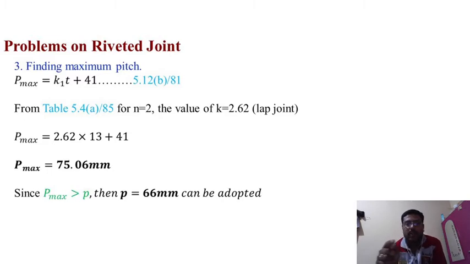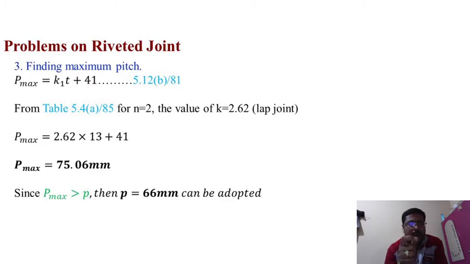Therefore K value is equal to 2.62. Then P maximum is equal to 2.62 into 13 plus 41.